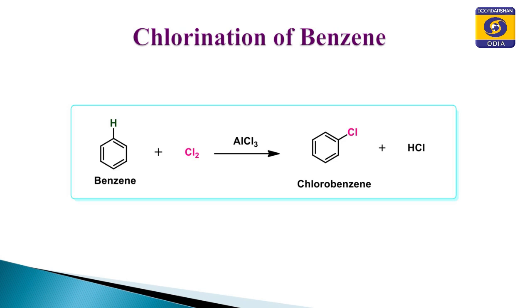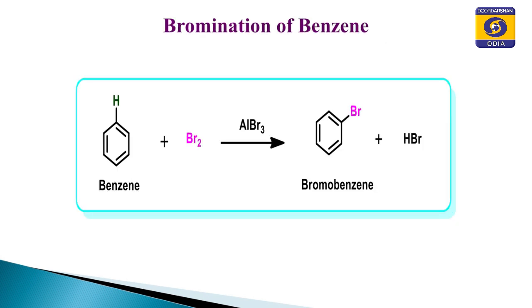Benzene, when treated with chlorine in the presence of a Lewis acid catalyst, that is anhydrous aluminum chloride or ferric chloride, produces chlorobenzene. Similarly, benzene when treated with bromine in the presence of anhydrous aluminum bromide or ferric bromide as catalyst produces bromobenzene.